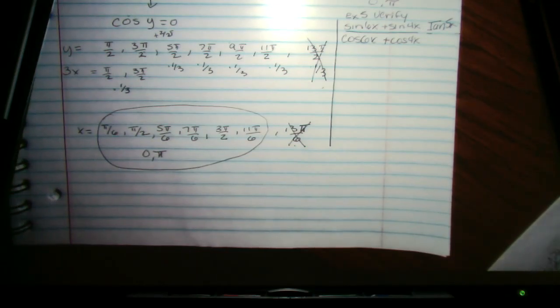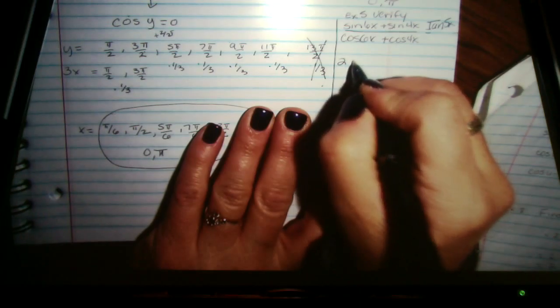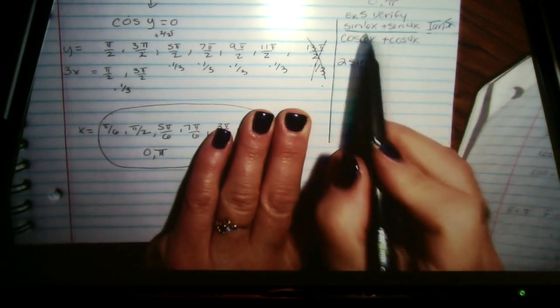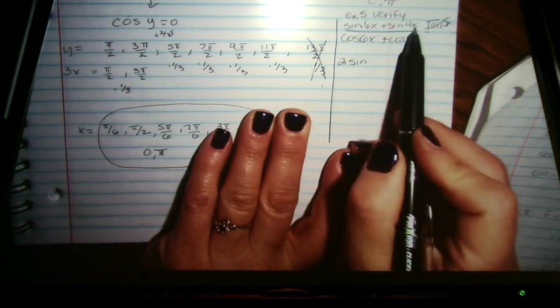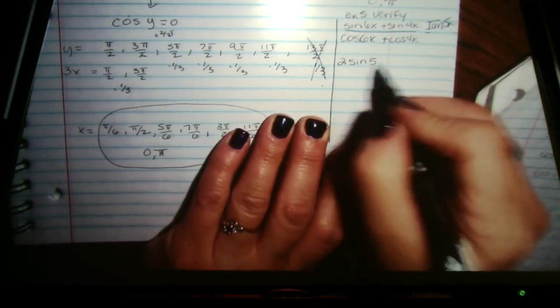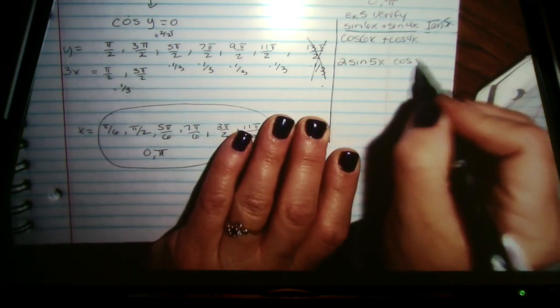So what do you think we'll do here? Sum to product. So I have sine of 6x plus sine of 4x, so that's going to be the top one, which is going to be 2 times sine of the two added together and divided by 2, so 6 plus 4 is 10, divided by 2 is 5x, times the cosine of the two subtracted and divided by 2.